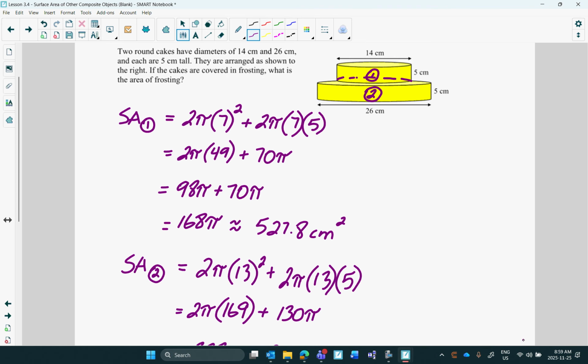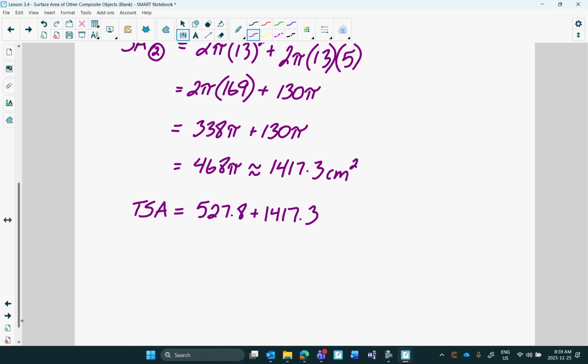So what's the radius of this circle? 7. So I have to subtract 2 pi times 7 squared, because this is the overlap. When we put those two cylinders back together, the two circles inside are not part of the surface area.